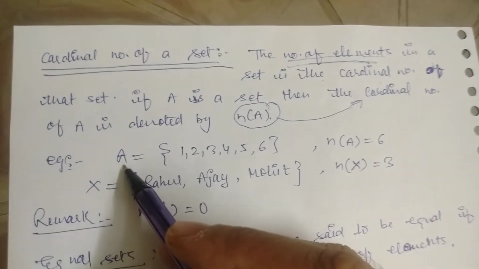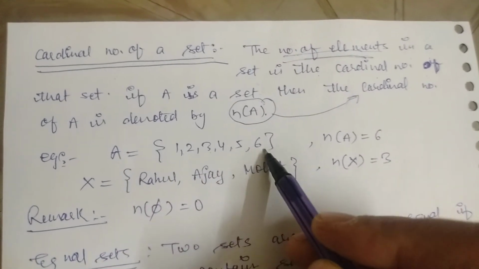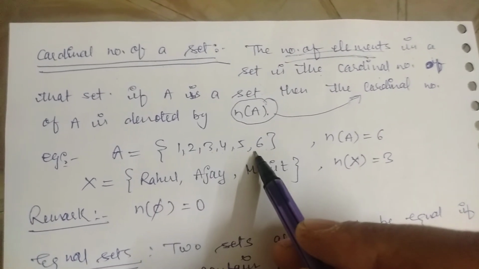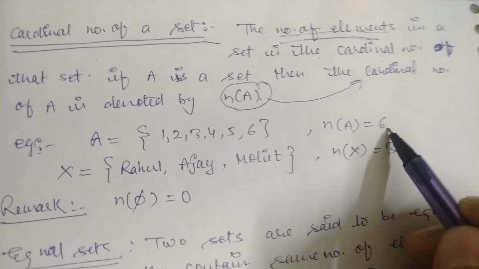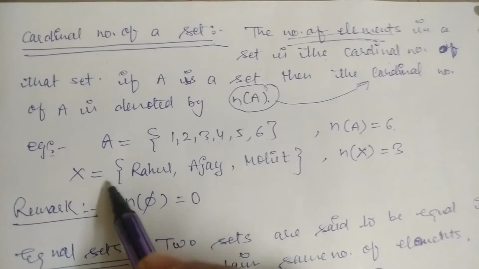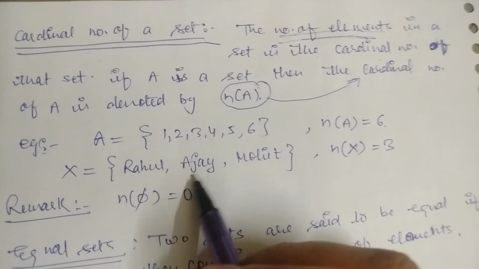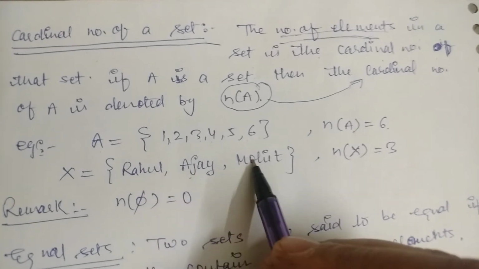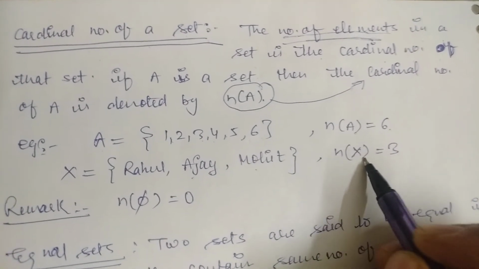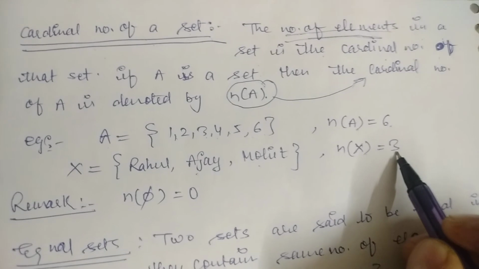Okay. Suppose we have a set capital A equal to 1, 2, 3, 4, 5, 6. How many elements are there? There are 6 elements. So the cardinal number of capital A is 6. If we have a set capital X equal to Rahul, Ajay, Mohit, there are 3 persons, so there are 3 elements. So the cardinal number of X is 3.